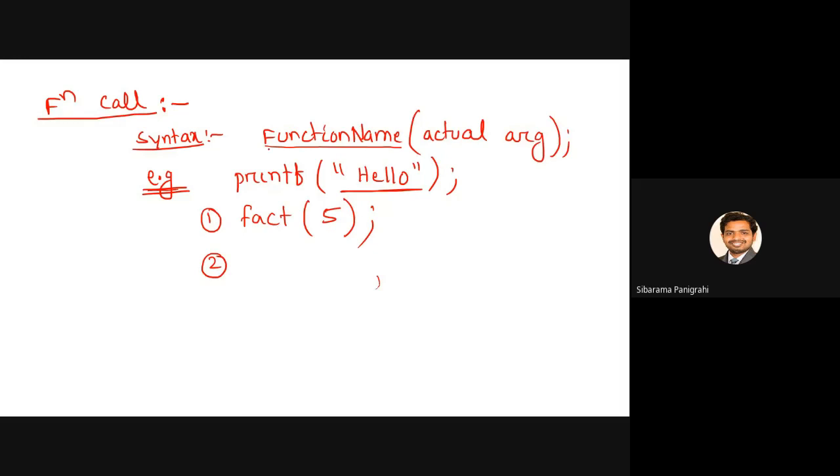What is the syntax of a function call? Anjali, what is the syntax for a function call? Function name and an actual argument. Yes or no? Yes, sir. So what is the function name of the sum function?